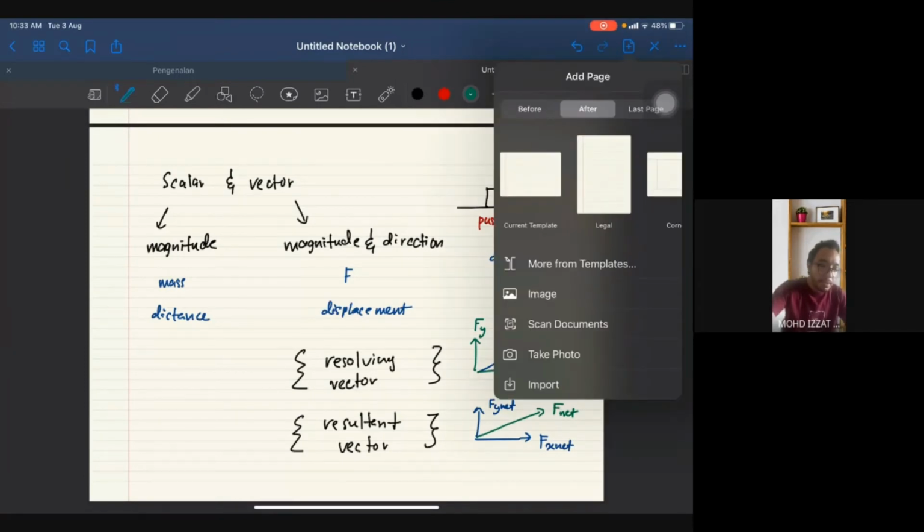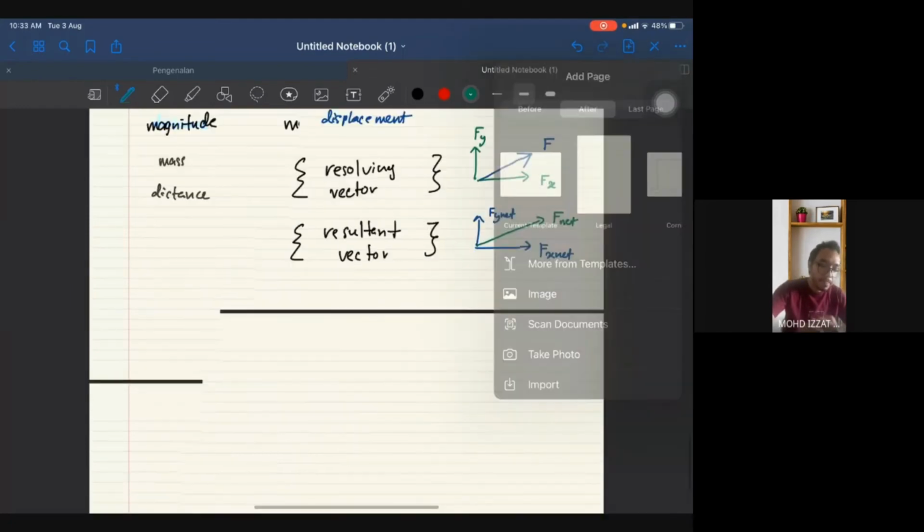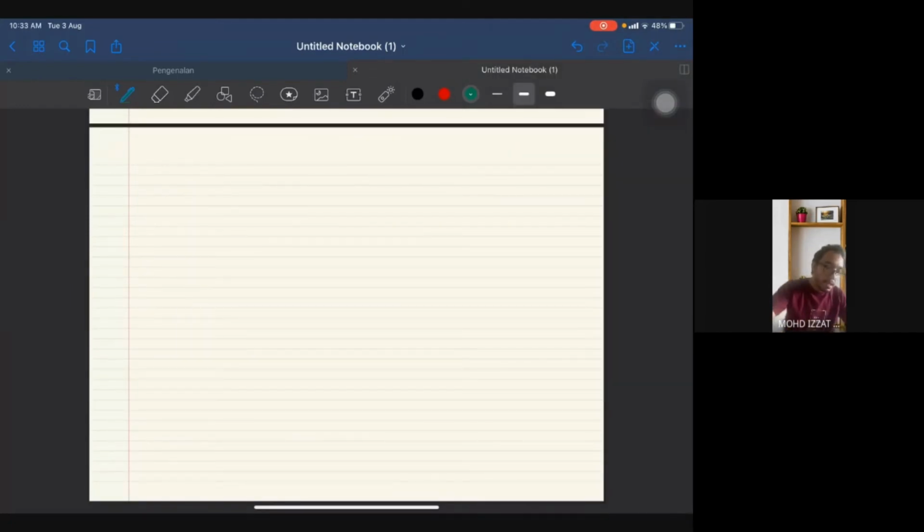Okay, kenapa kamu kena buat resolving? Kenapa kamu kena buat resultant? Masa bila kamu kena buat? Okay, so saya tanya, saya jawab. You have to do resolving and resultant when you have to find addition or subtraction of a vector. So kamu ada beberapa vectors, kamu nak tambah ataupun nak tolak. So, saya tulis je lah. Resolving or resultant.